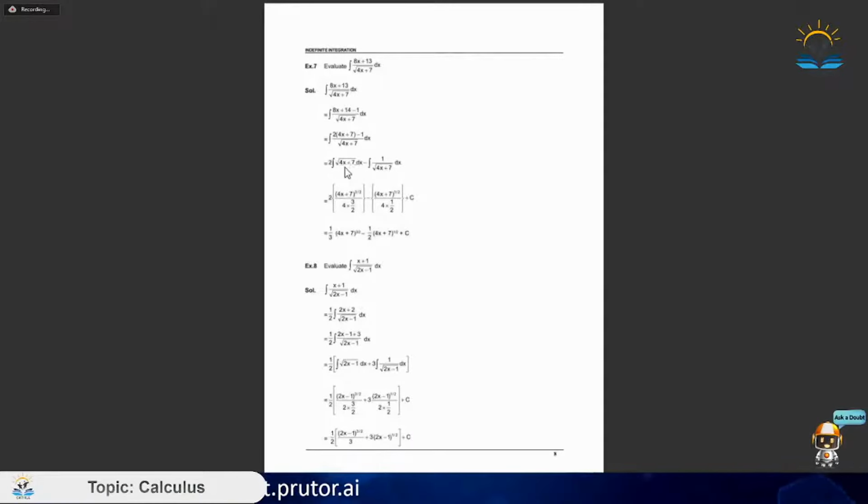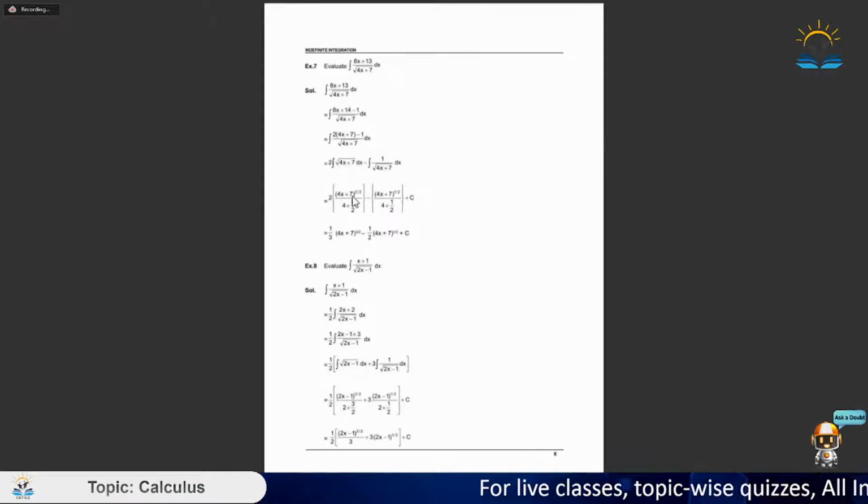We will put this thing in place of x, perform the integration normally, and at the end divide the answer by 4, that is the coefficient of x. So 4x plus 7 to the power 3 by 2 divided by 4 into 3 by 2.